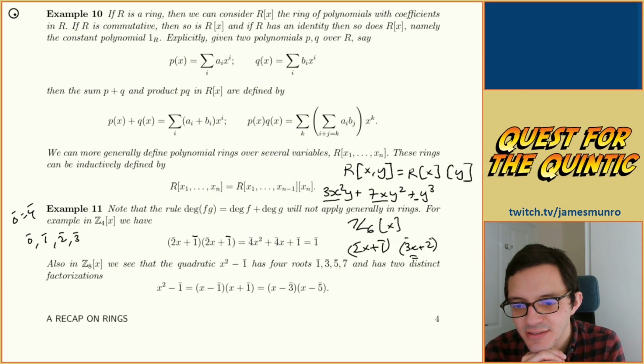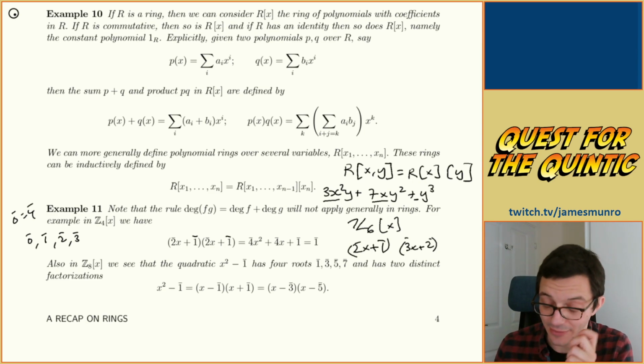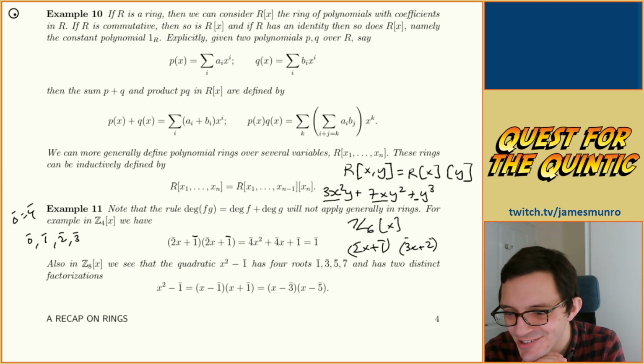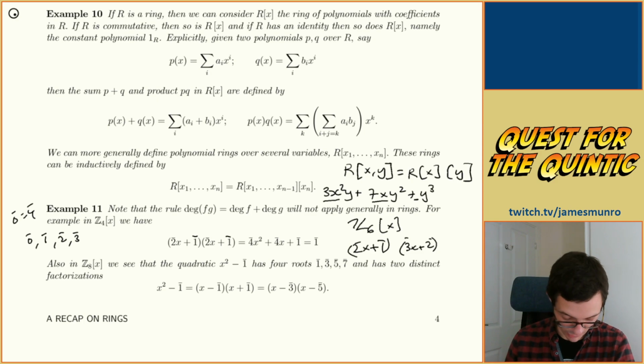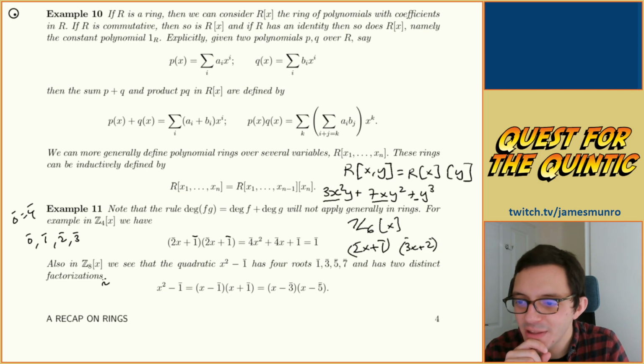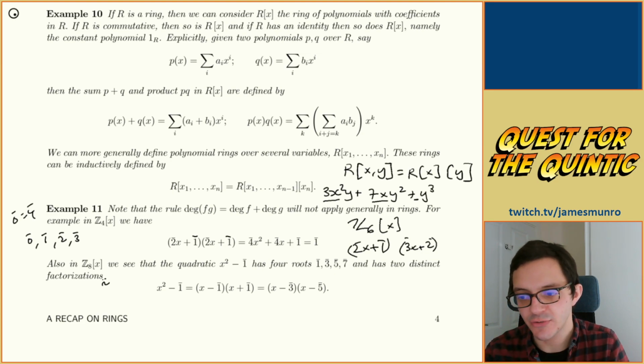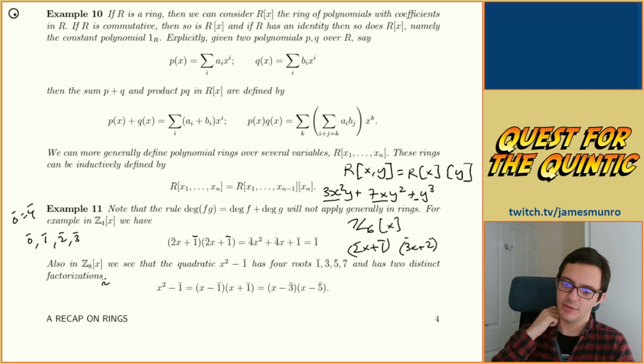These modular arithmetic rings seem weird in that they've got an odd number of solutions to quadratics and distinct factorizations, which worries me quite a lot. I'm hoping that we don't need those for the Quintic quest. It's sort of an interesting warning, but I'm hoping that if I'm just interested in things like Z and Q, I don't need these.